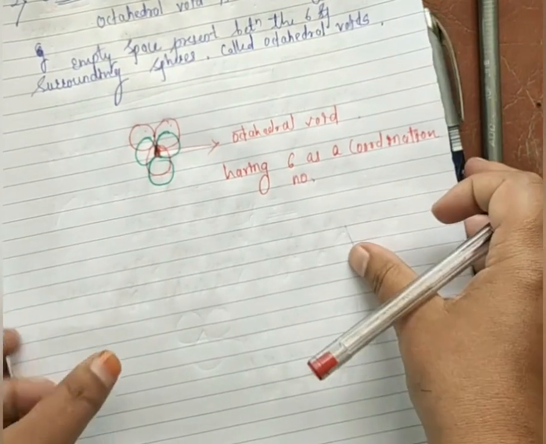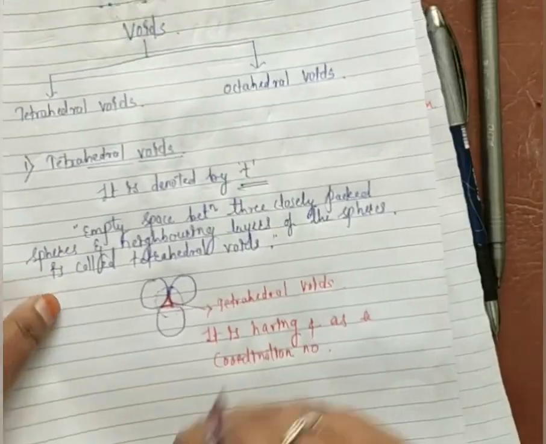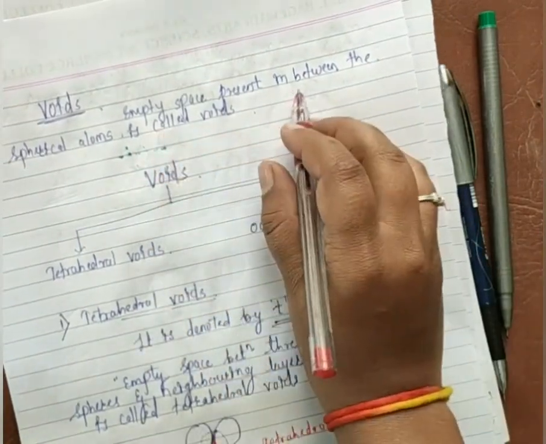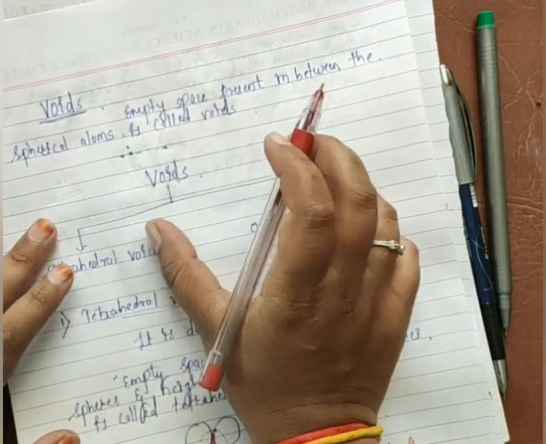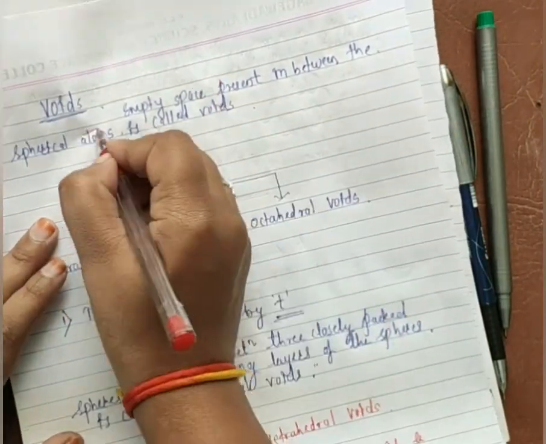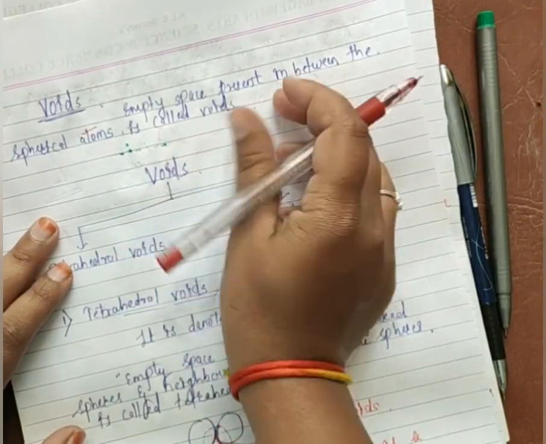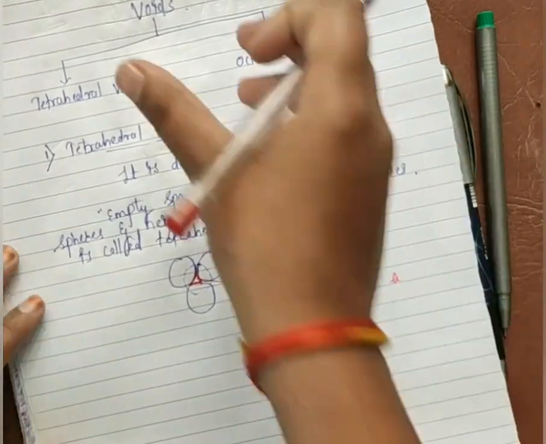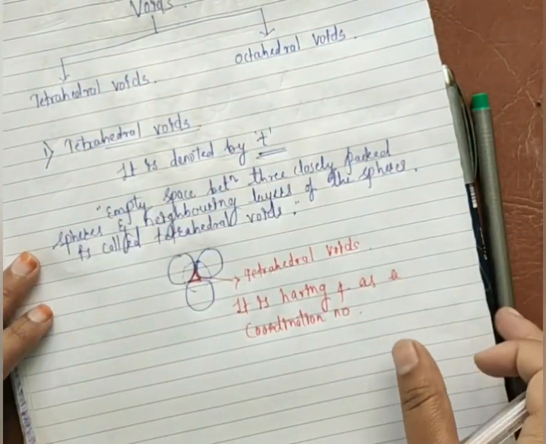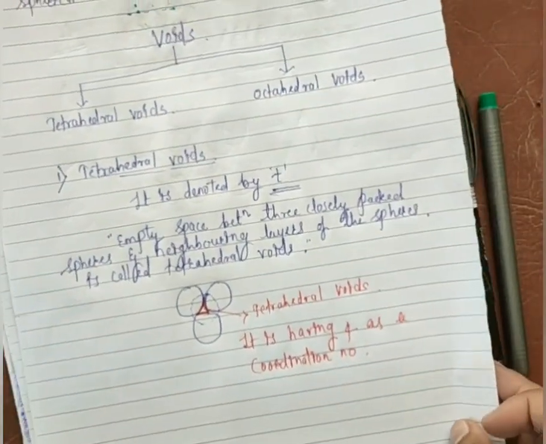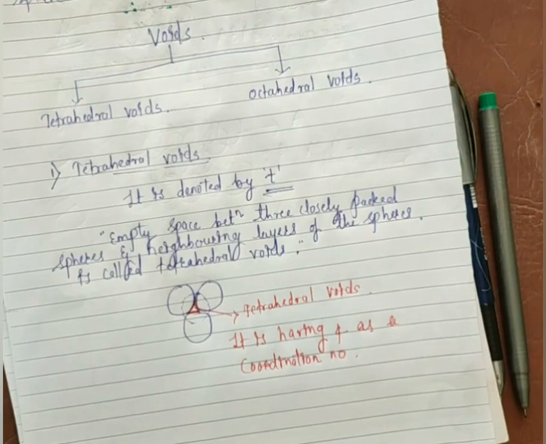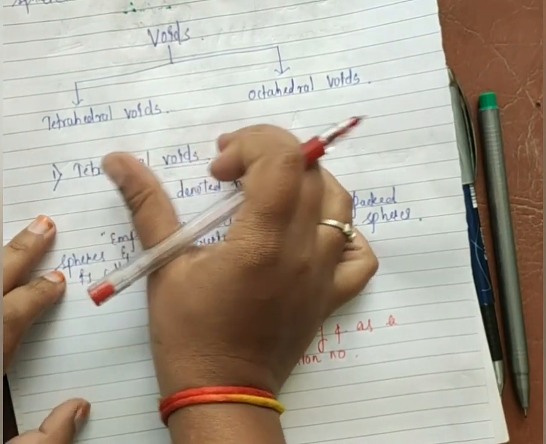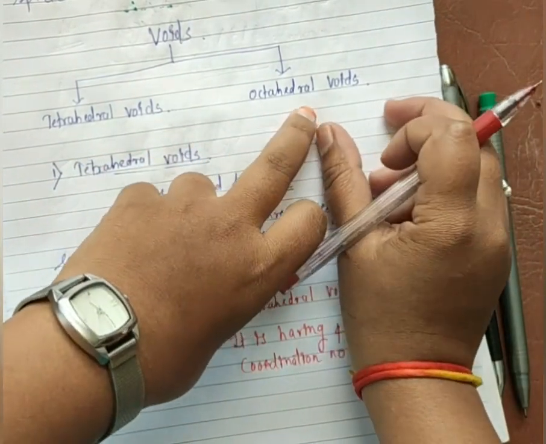So what I told here is what is meant by voids. These are the empty spaces present between the spherical atoms. After that, I told that voids are divided into 2 types: first the tetrahedral void and second the octahedral void.